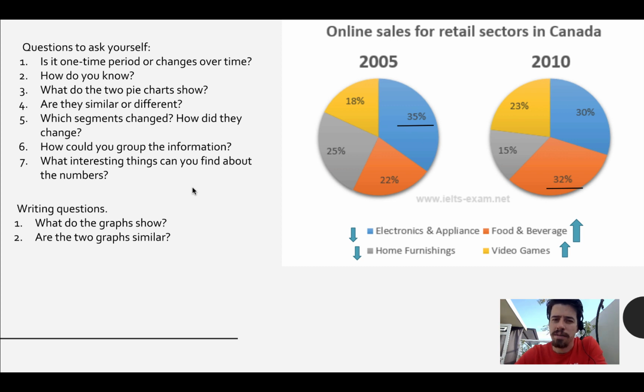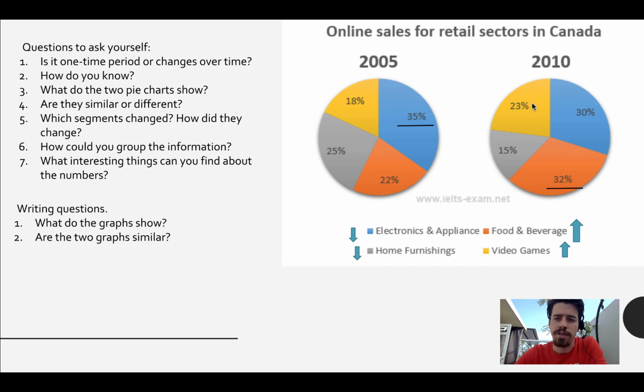Interesting things about the numbers. Nothing leaps out straight away. 23% is just under 25%, and 25% is 1/4.